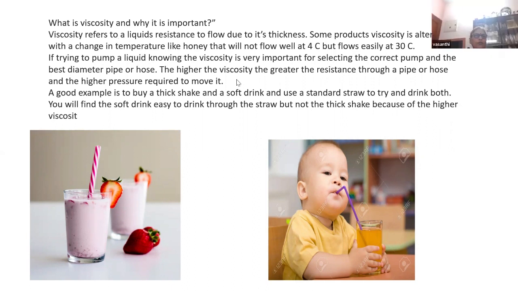So the viscosity of oil is very important for selecting the correct pump, and the diameter of the hose is also very important. You can't use a thin hose in order to pump a heavy viscous liquid. So this is a little interesting.